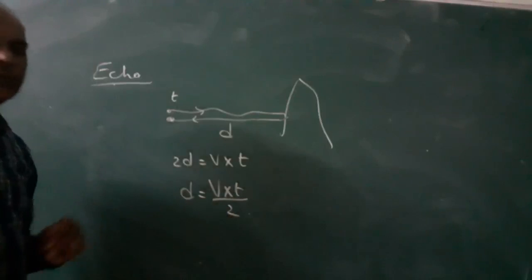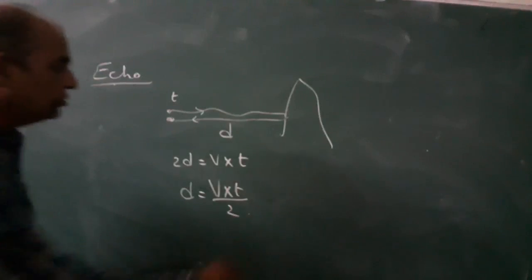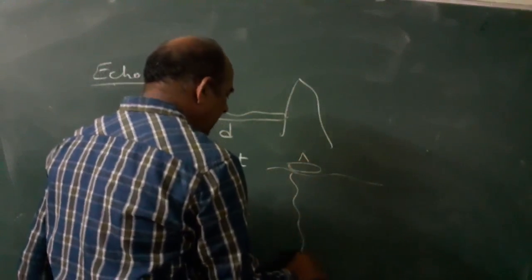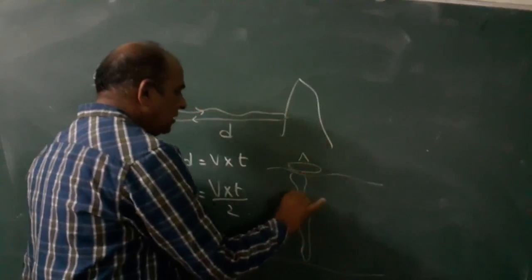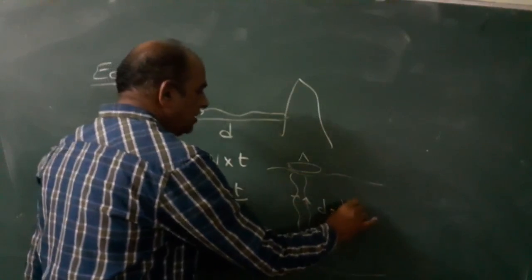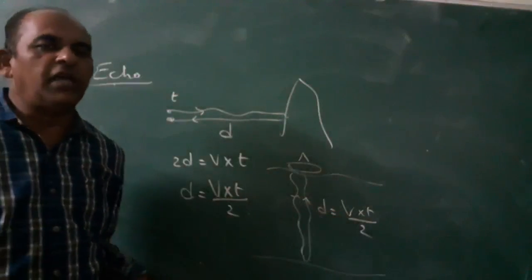By using this principle, we can calculate the depth of the ocean also. If, from the ship, we send waves into the water and they are reflected and come back, then the depth of the ocean is equal to v into t by 2. So the velocity of sound in water you have to take here.